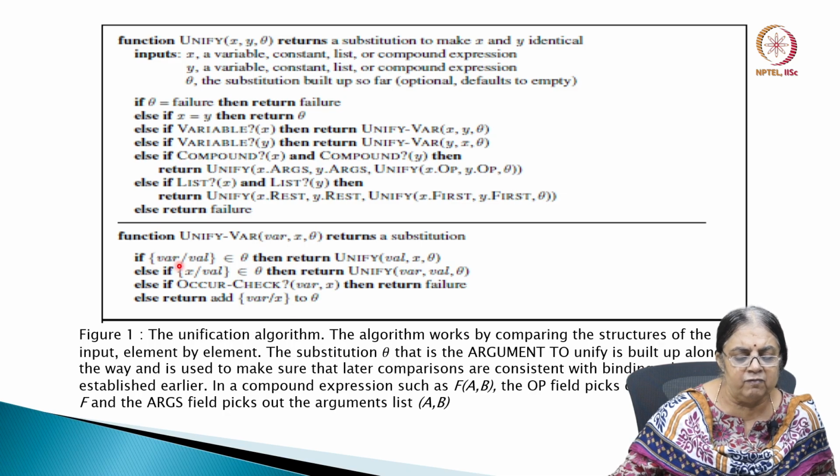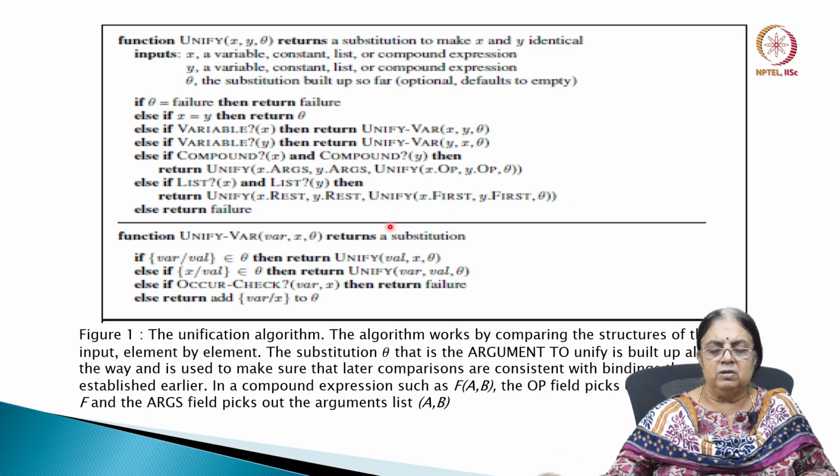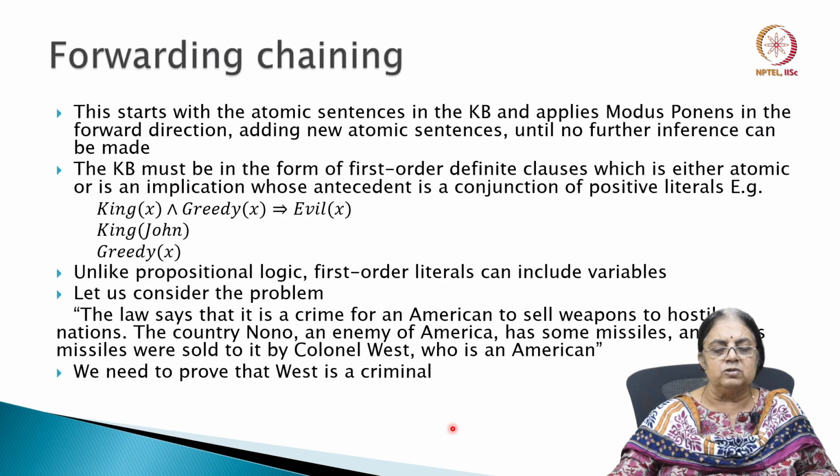If where is replaced by val, then you return, etc. So this is the actual unification that is taking place for a single instance, whereas here you are taking the entire thing, breaking it down and sending it to unify where. You send one of them to unify where to do this, and then it continues with the rest of the terms. So this is the unification algorithm that is basically used.